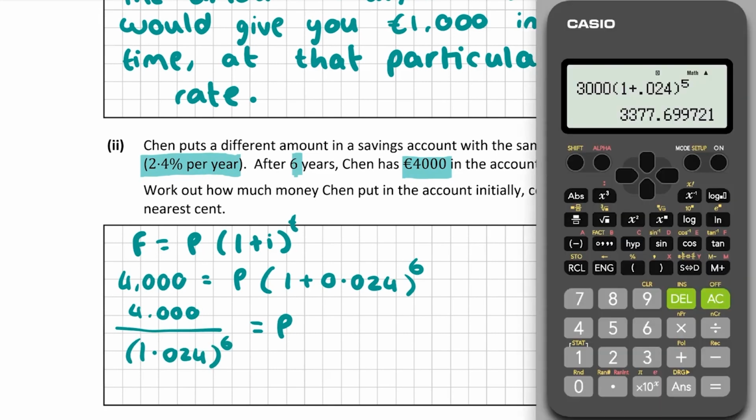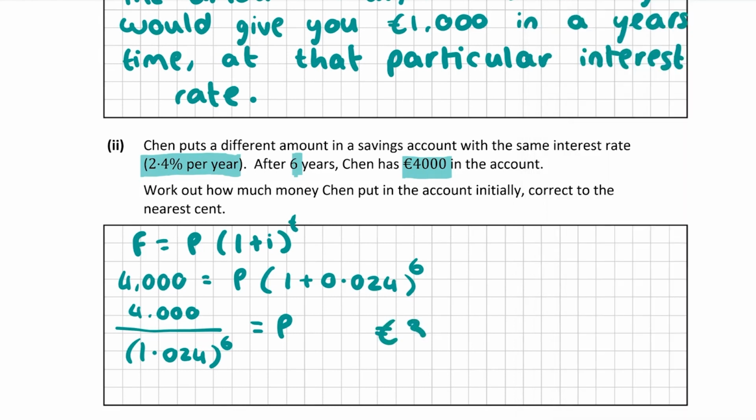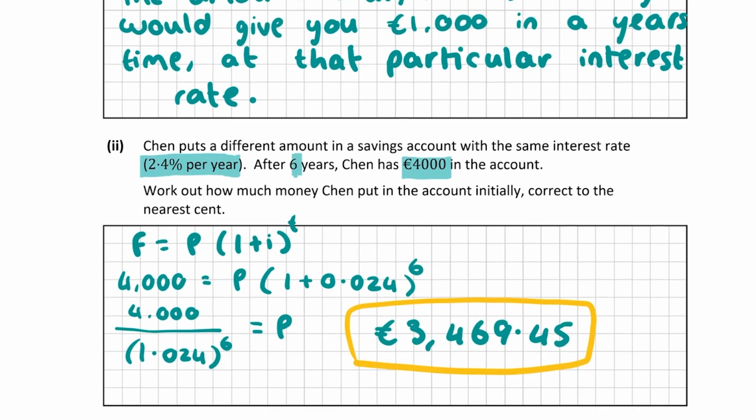Let's put this into our calculator. And that is €3,469.45. And for getting the correct answer for B part 1 and 2, you're going to get yourself a total of 10 marks.